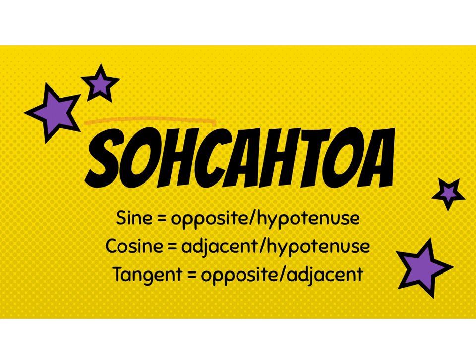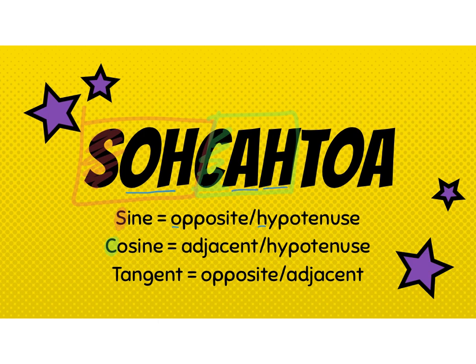So here, the S stands for sine, and then the next two letters tell us the rule. OH is opposite over hypotenuse. CAH, the C stands for cosine.